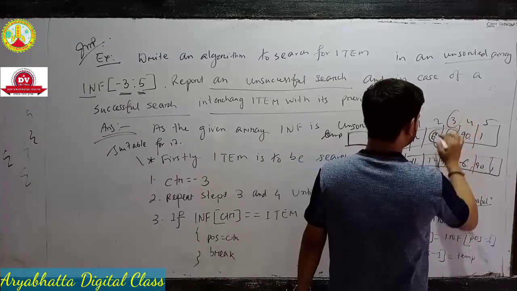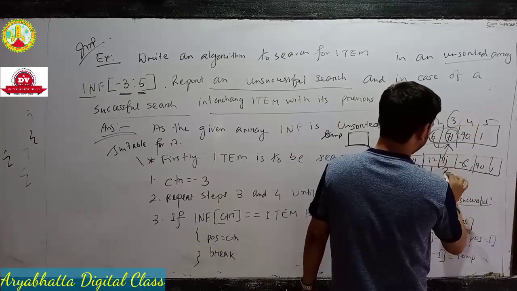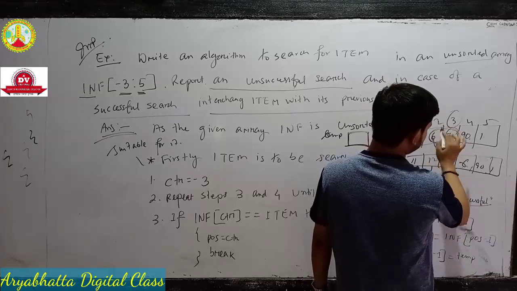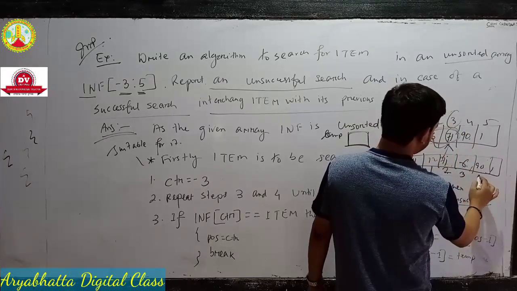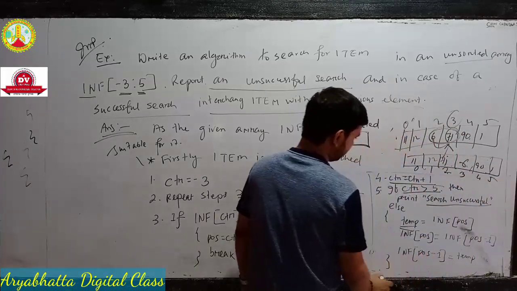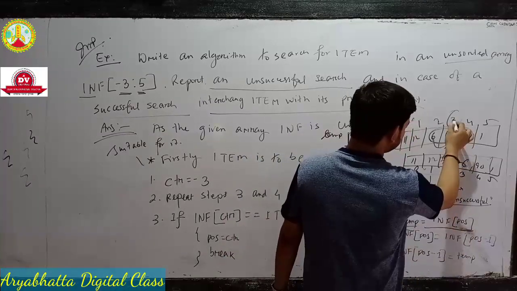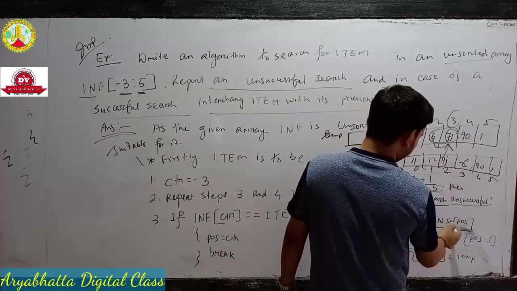First of all 71 is at position 3, now your 71 will be at position 2, and 6 was at position 2 and will go to position 3, right?